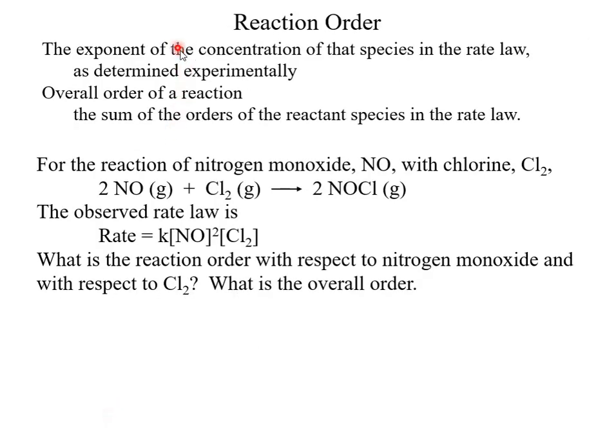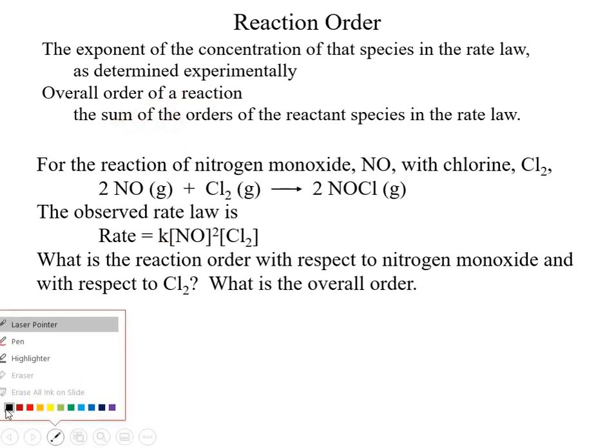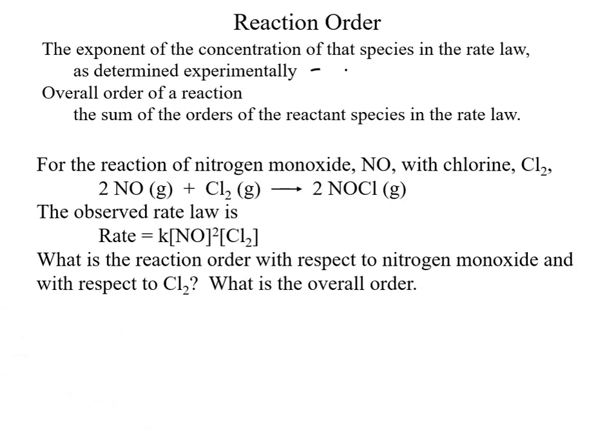And so these exponents are what they call a reaction order, okay? And then the overall order is just where I sum up. So from the previous slide, these right here are the m, n, and p, and then the overall is m plus n plus p.